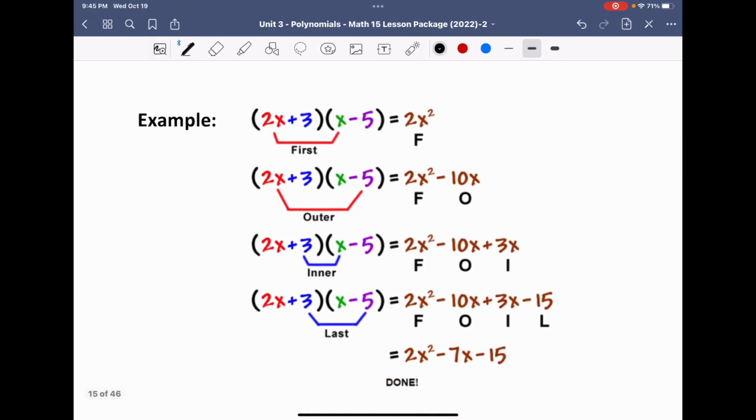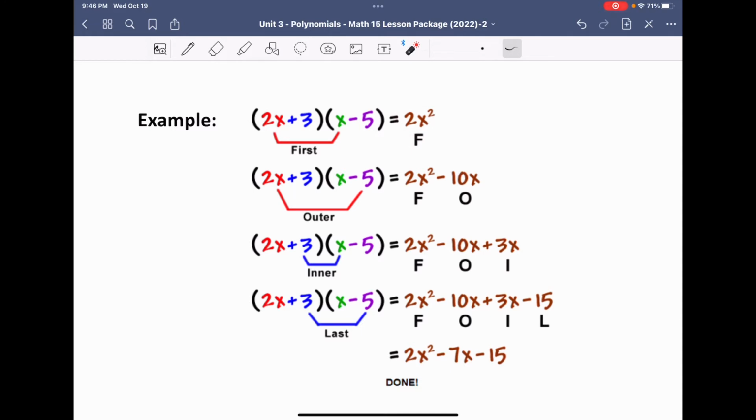Now, here's an example directly applied. Suppose I give you 2x plus 3 and x minus 5, and then I say, I want you to simplify this. Well, first of all, we always want to deal with the FOIL method for method 1, and it's saying we have first, outer, inner, last. If I multiply 2x by the x, or the first terms, I'm going to be given 2x squared.